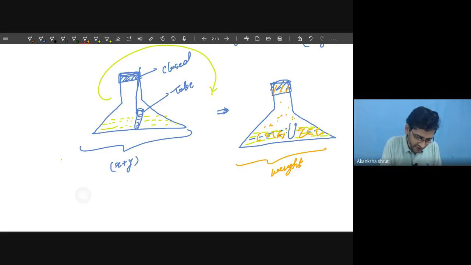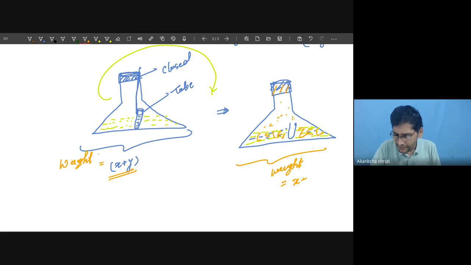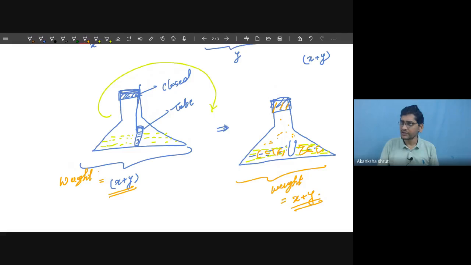This was the initial weight which was taken, and it was found to be x plus y. While weighing again, you will find that the weight remains the same, x plus y. So this was the experimental setup which was carried out, which tells that the mass remains unchanged during the chemical reaction.